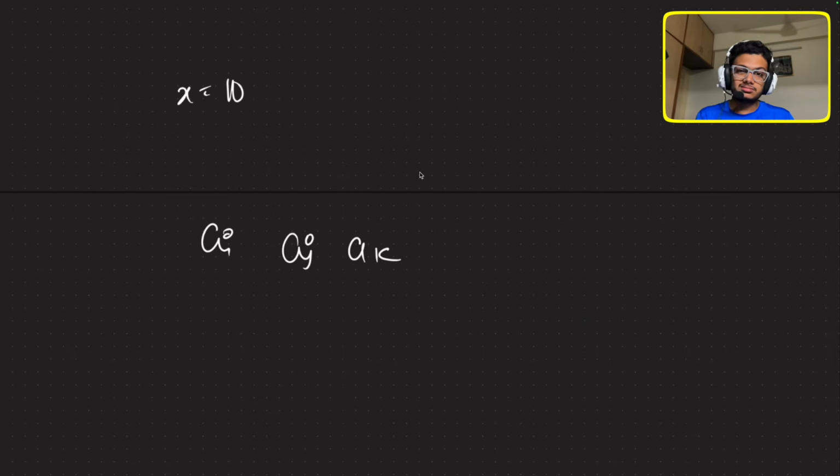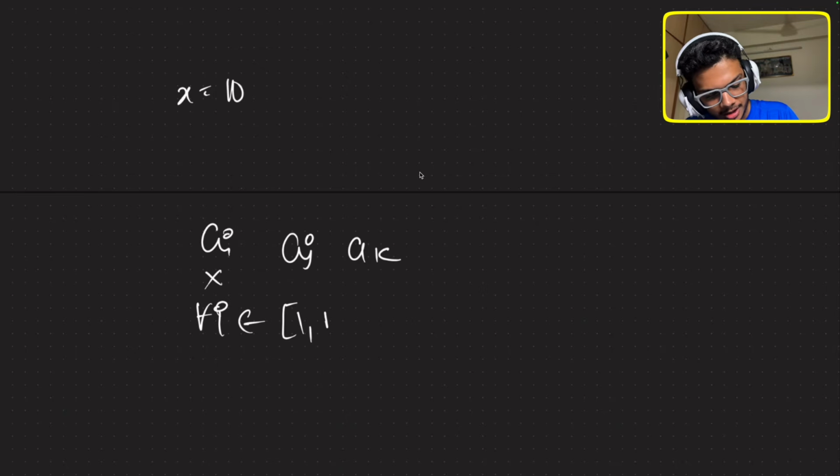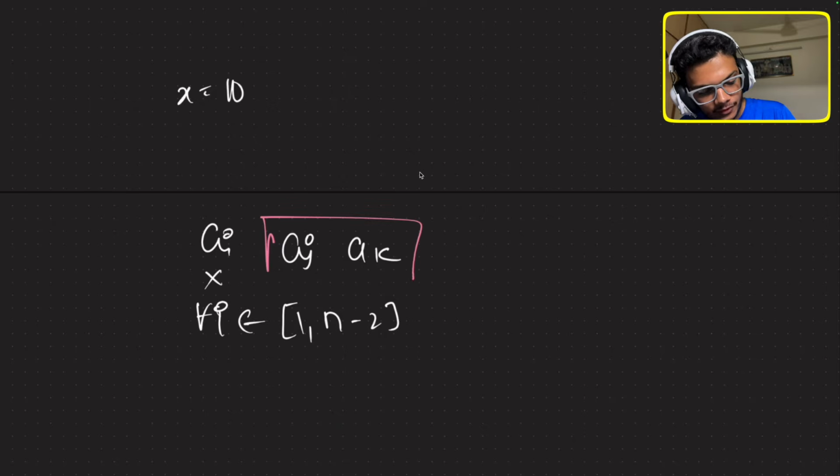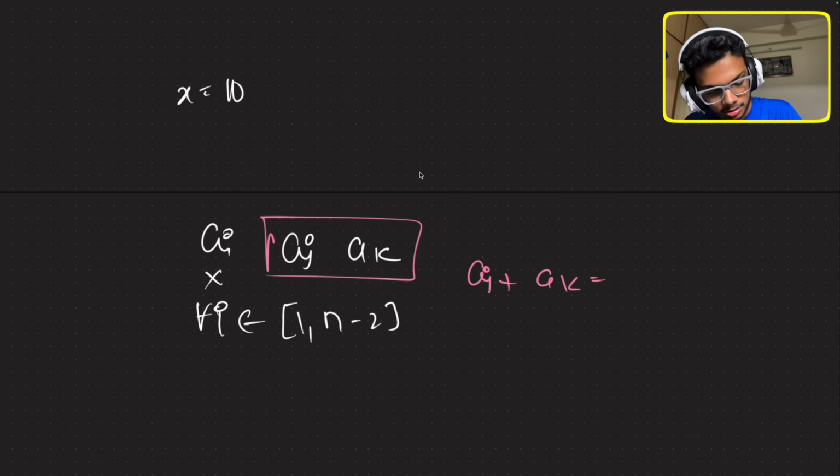So what the brute force does is it fixes ai for all the i belonging to 1 till n minus 2, because the last triplet will be formed for i equals n minus 2. Effectively you attempt to find the pairs, important word, pairs, such that aj plus ak is equal to what? From the target sum you remove ai, right?